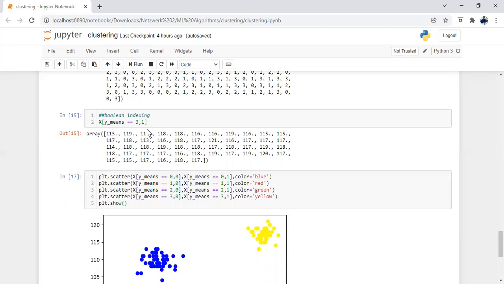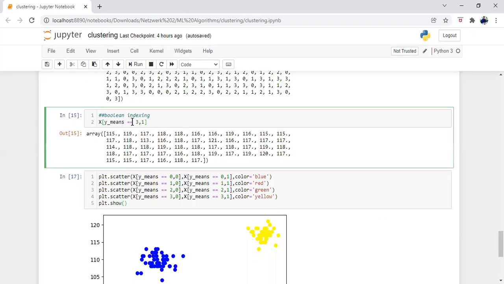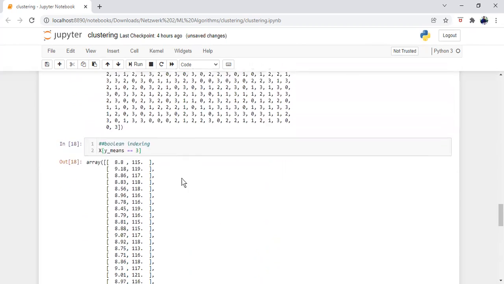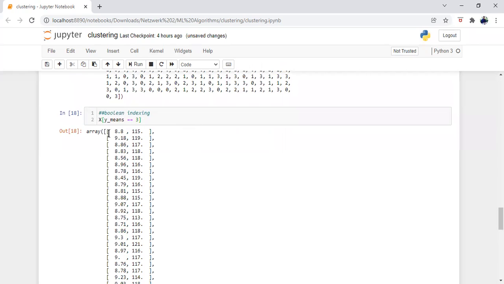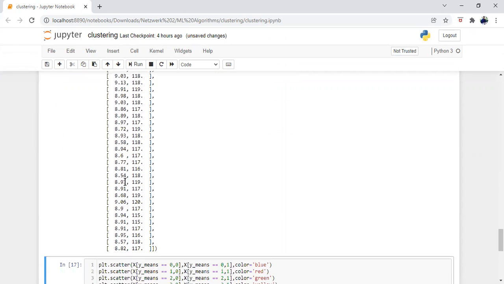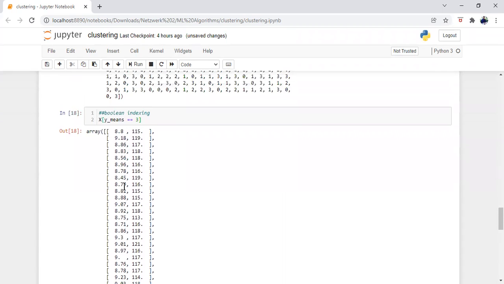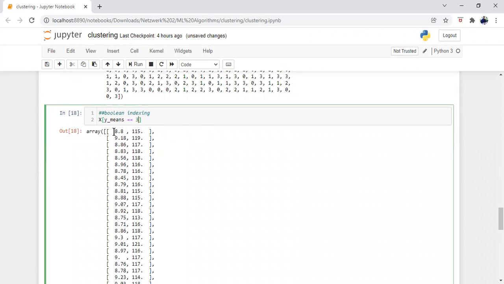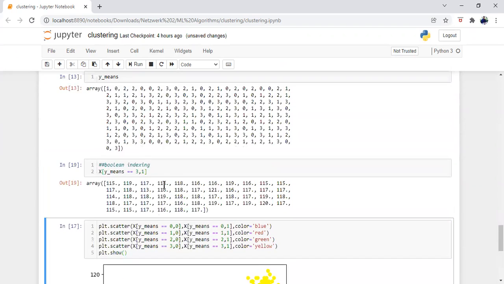Suppose I am separating them into different clusters. Here you can see the students who are put into the third cluster. Here is their data. This is the CGPA and this is the IQ. Here I am only taking the IQ.